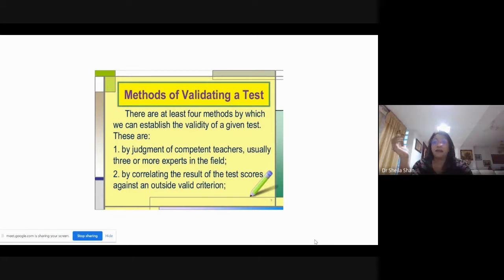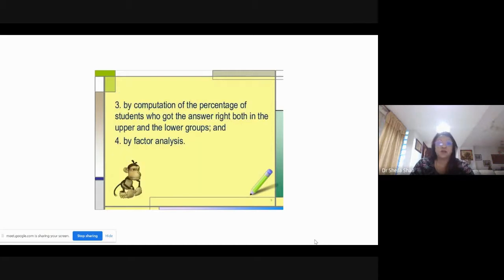So you compare, so that way is also a validation. By computation of the percentage of students who got the right answer, both upper and lower groups. So you give to 2 different groups and then you see whether their understanding is the same or not. And the 4th one is by factor analysis.